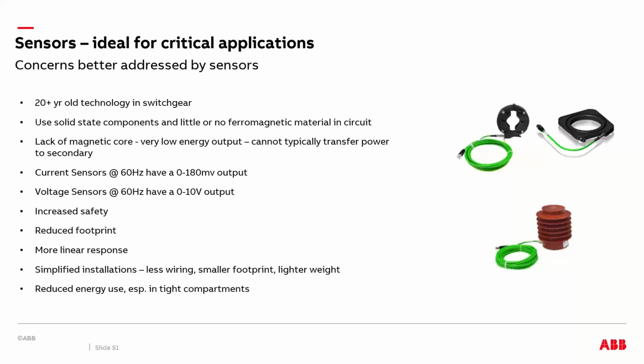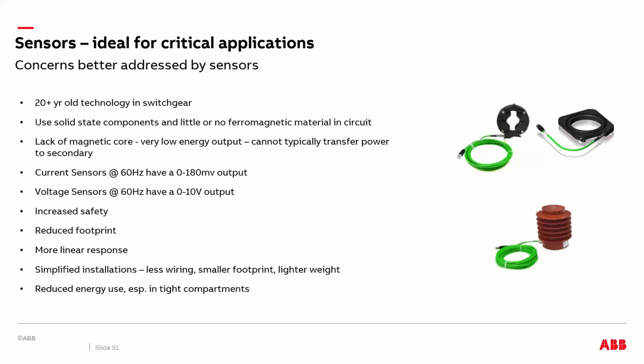It is using solid state components, and there's little or no ferromagnetic material in the circuit. Because there is no magnetic core, Rogowski coils have an air core, and they basically have no CT saturation issues. We also eliminate the open CT hazard. There's increased safety and reduced footprint, and they are much lighter and much smaller than conventional CTs and VTs.